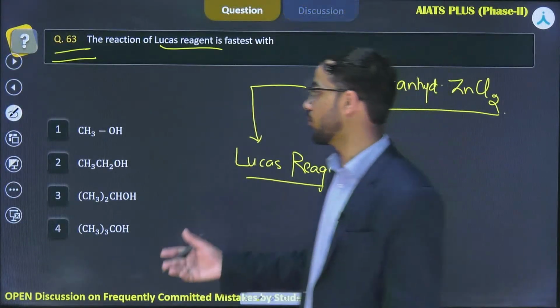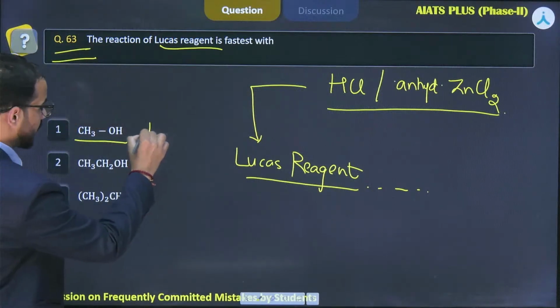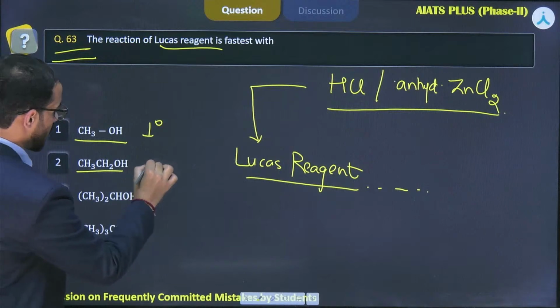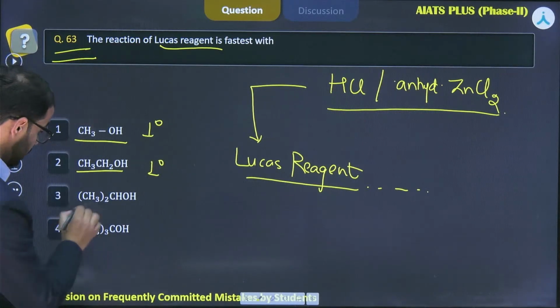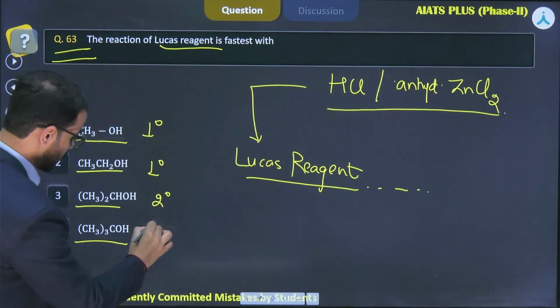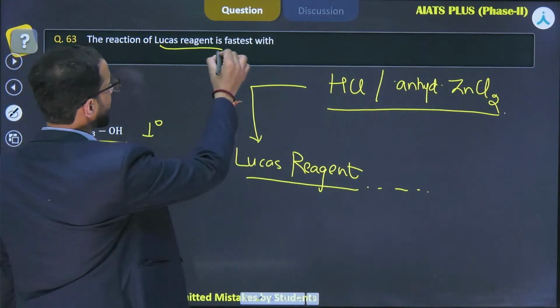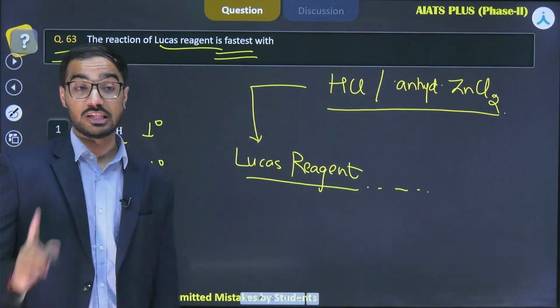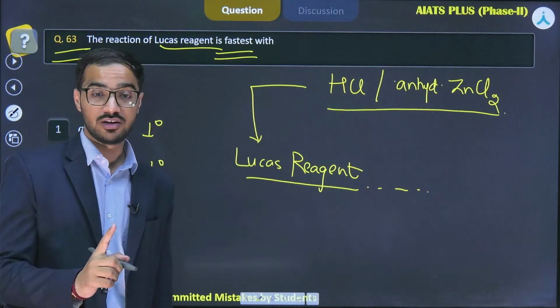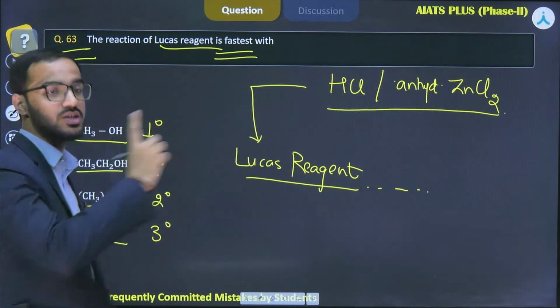Okay, first of all, just check the options. This is 1 degree. This is also 1 degree. This is 2 degree. This is 3 degree. So the question is about the fastest. It means that 3 degree will yield the fastest turbidity.